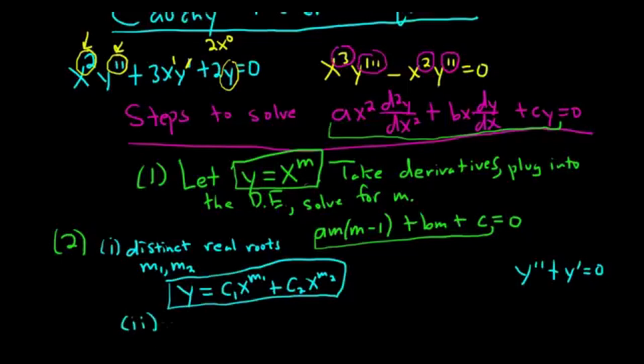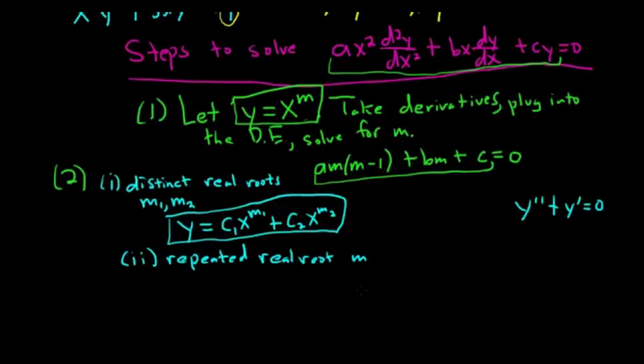So with distinct real roots, you get distinct powers of x. The second case is if you get a repeated real root, say m. In other words, we have repetition. In this case, you would get y equals c1 x to the m plus c2 x to the m times ln x. Before, when we were solving homogeneous equations, we would put an x when there was repetition.